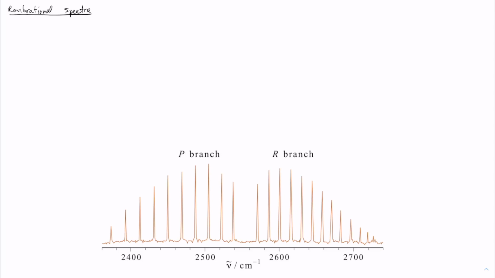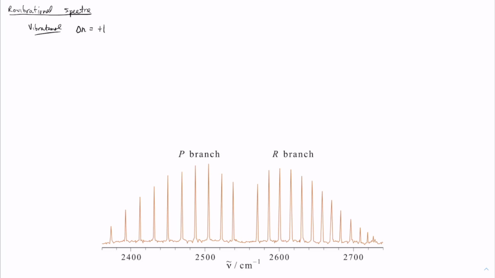So remember, for the vibrational part, we can assume we're only starting from the ground state, which means that delta n can only be equal to plus 1, because there is nothing lower than the ground state, so we can't have delta n equals minus 1.